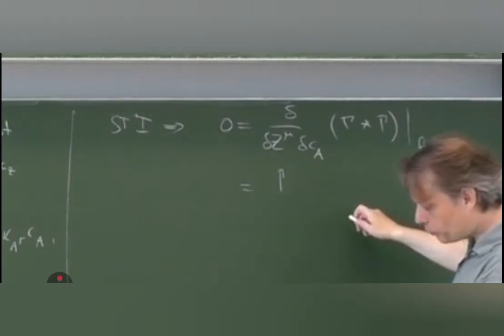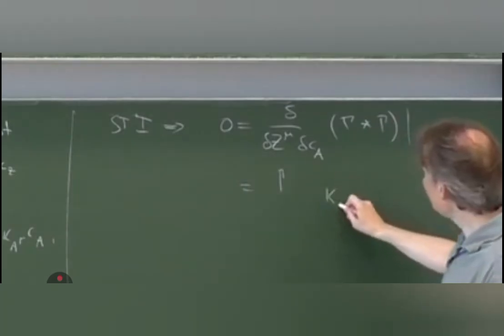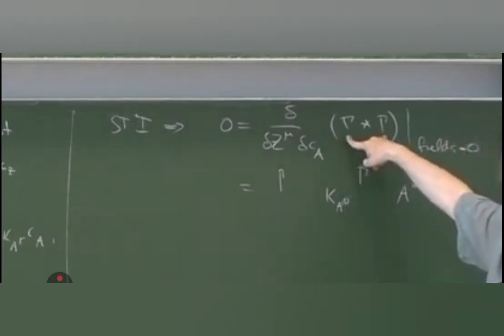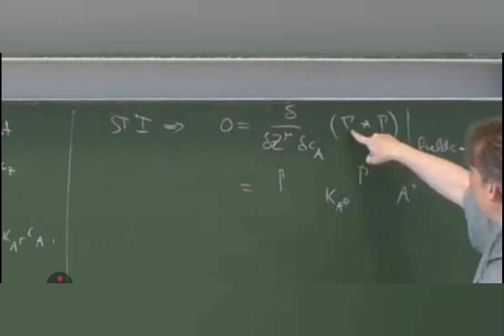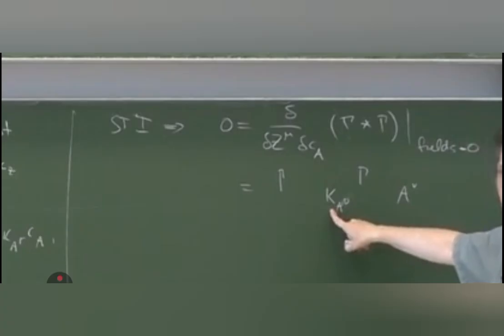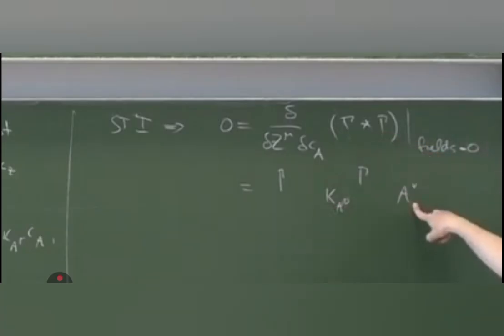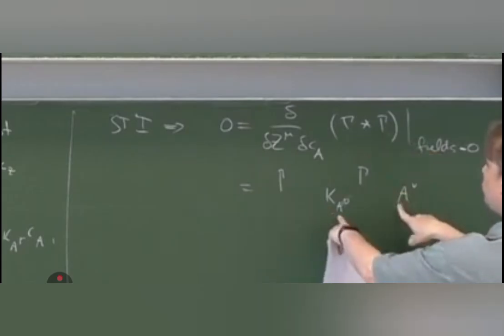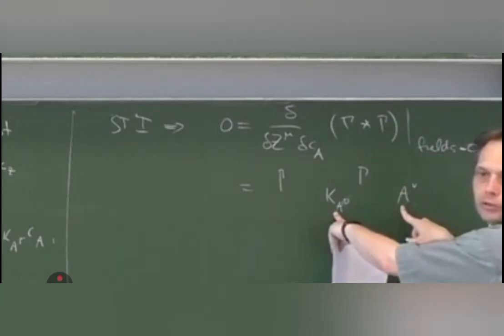One term is obtained from this here. Remember that each term in this star notation has a structure: one gamma has a derivative with respect to a source, the other gamma has a derivative with respect to the corresponding field. So in this there would be this combination, two derivatives of gamma with respect to those two objects.